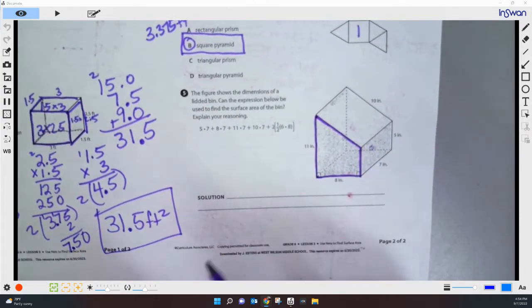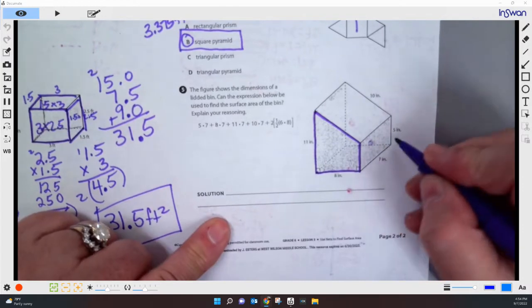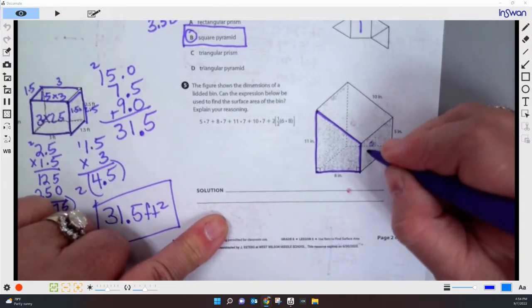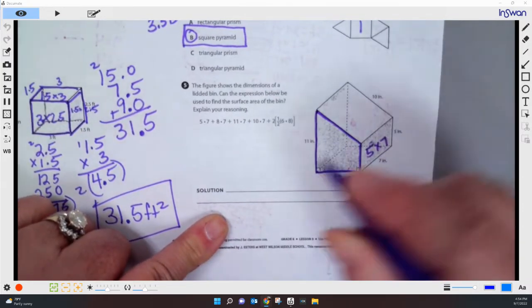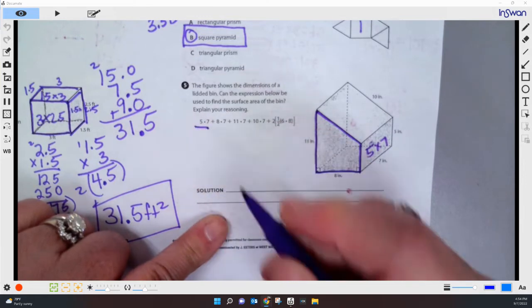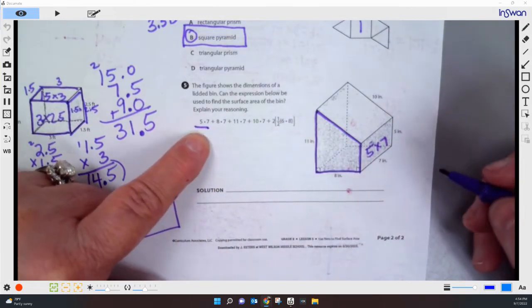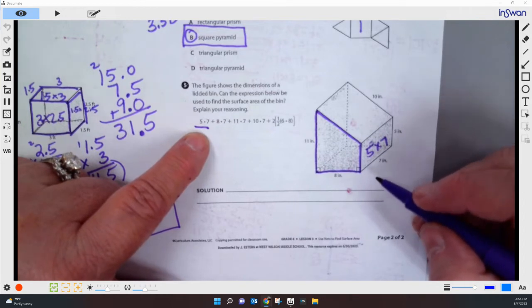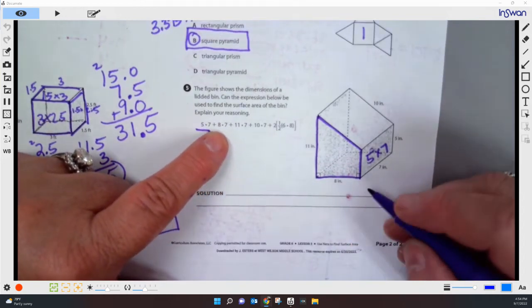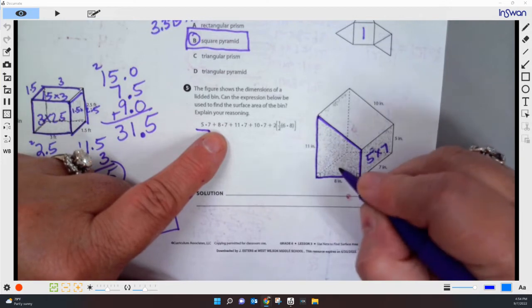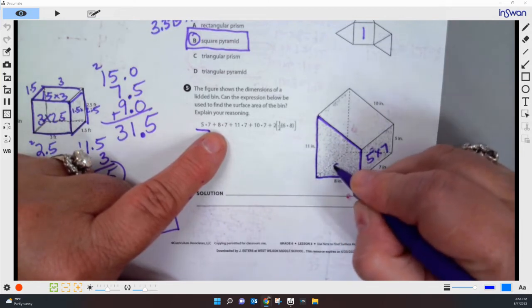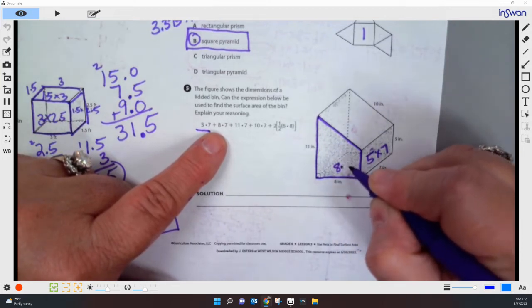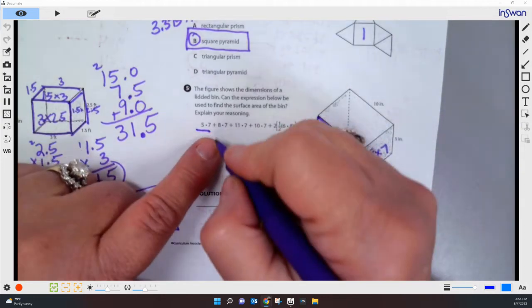Now the rectangles, let's look at what we have here. If I start with the front, that front is going to be 5 times 7. And I have one of those. There it is. So far, we're looking good. On the bottom half, I have 8 by 7. So if you look at this, 8 by 7, that's going to be the same as that.